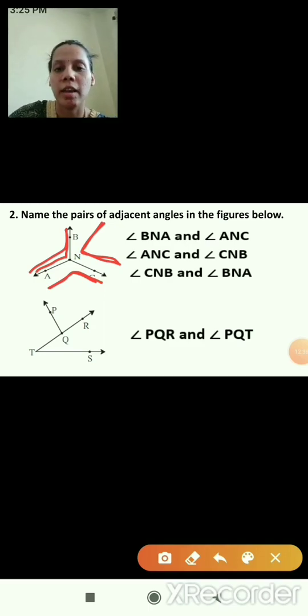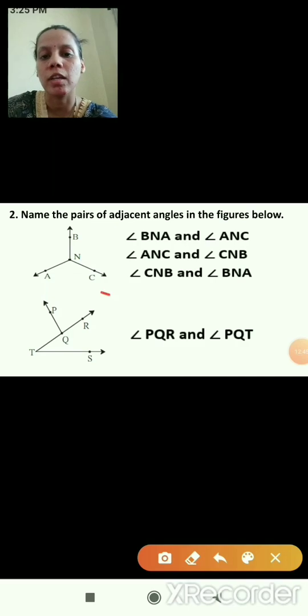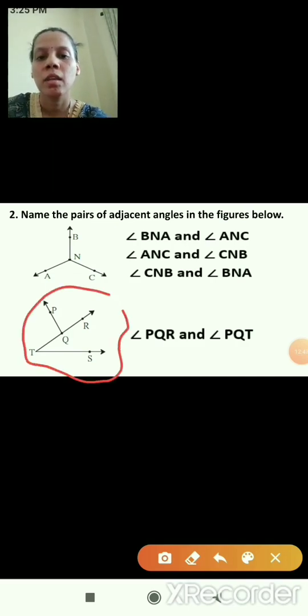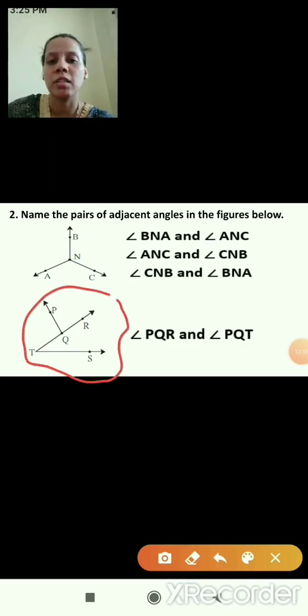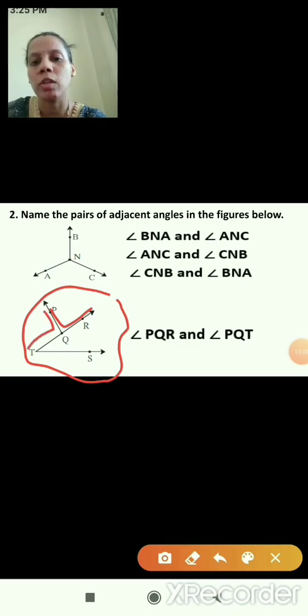Now we will see the next figure. In the second figure, you will write down the name of the adjacent angles. So which is the adjacent angle here? As you can see in the figure, there is only one pair: angle PQR is adjacent to angle PQT. Why?